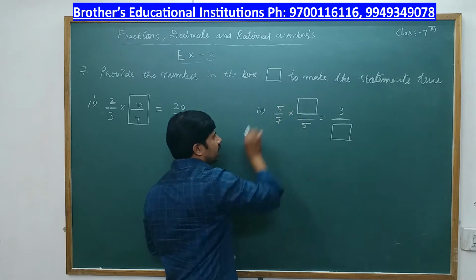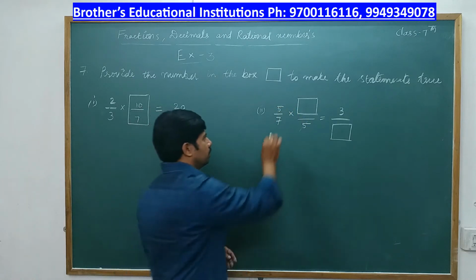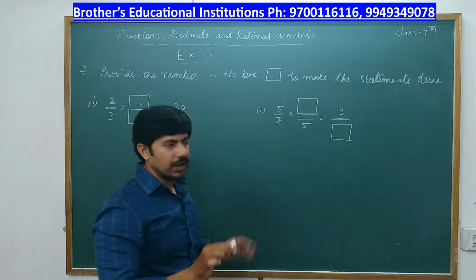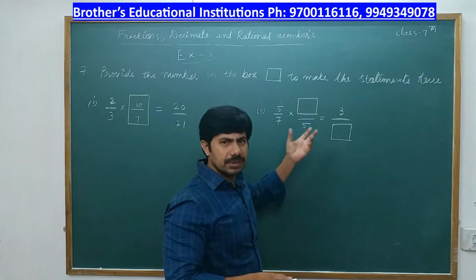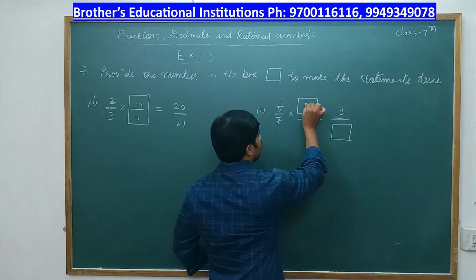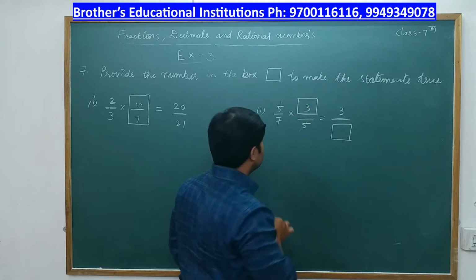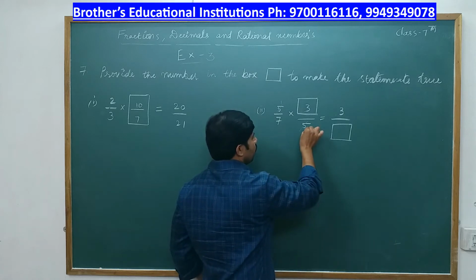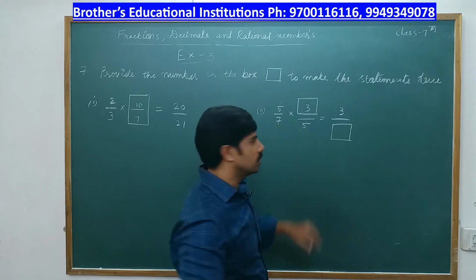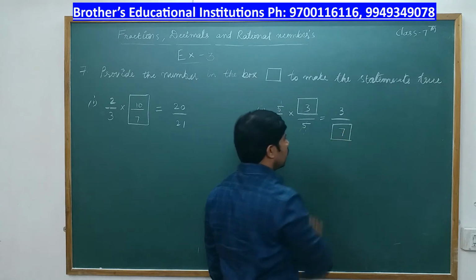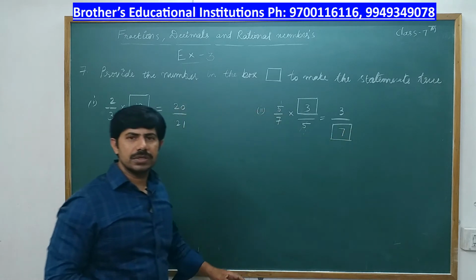Suppose if we cancel this 5 and 5, we have 1. Okay, so we have 1. 1 into how much is 3? 1 goes how many times in 3? 3 times. So in this box you write 3, right? So denominator we already cancelled, it is 1. 7 into 1 is 7. So it is 3/7. Okay. So this is completed.